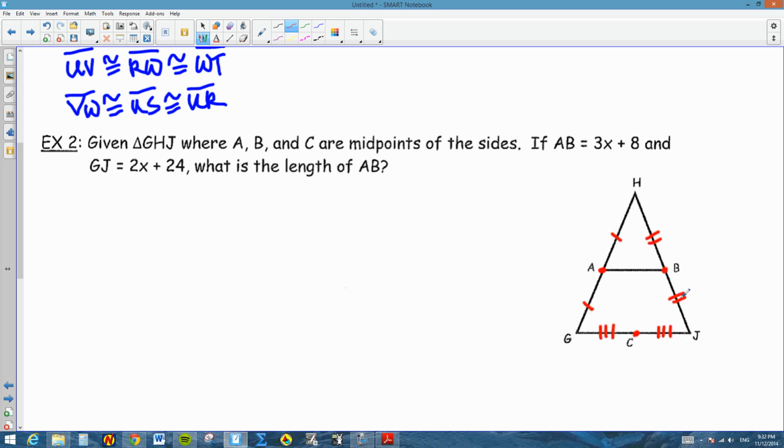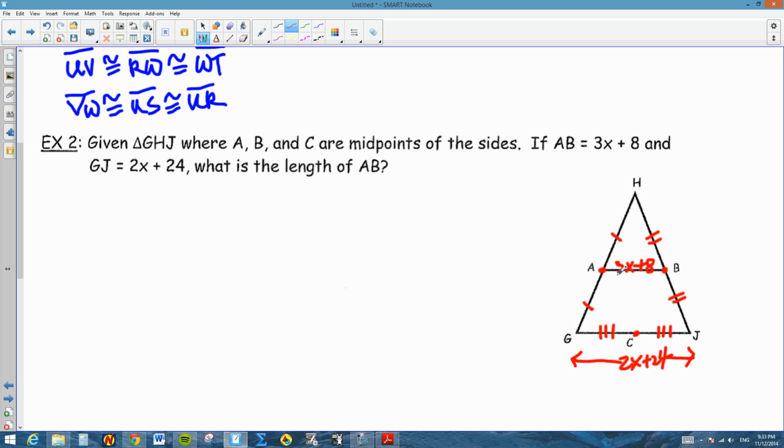Given that AB is 3x plus 8, we mark it over here. And given that GJ, from here to here, is 2x plus 24. That's given. So we are looking for the length of AB.